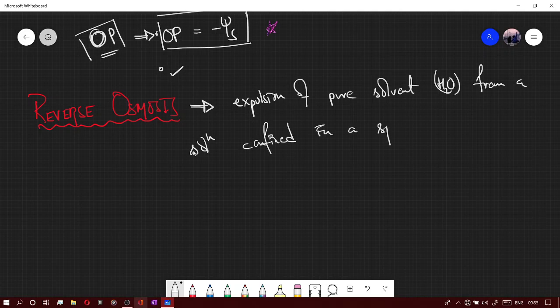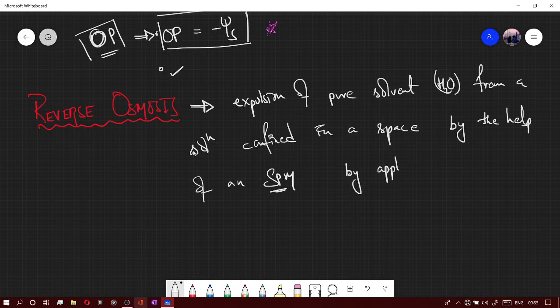Confined in space by the help of a semi-permeable membrane, by applying a pressure that is greater than or equal to the osmotic pressure.